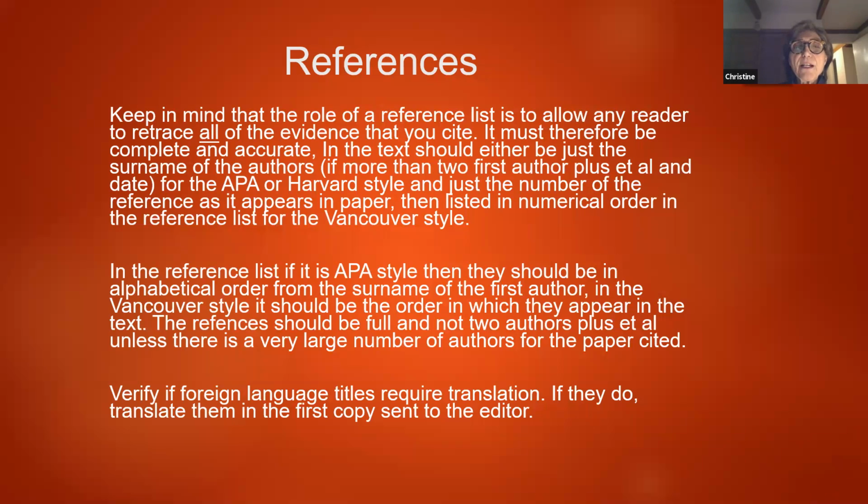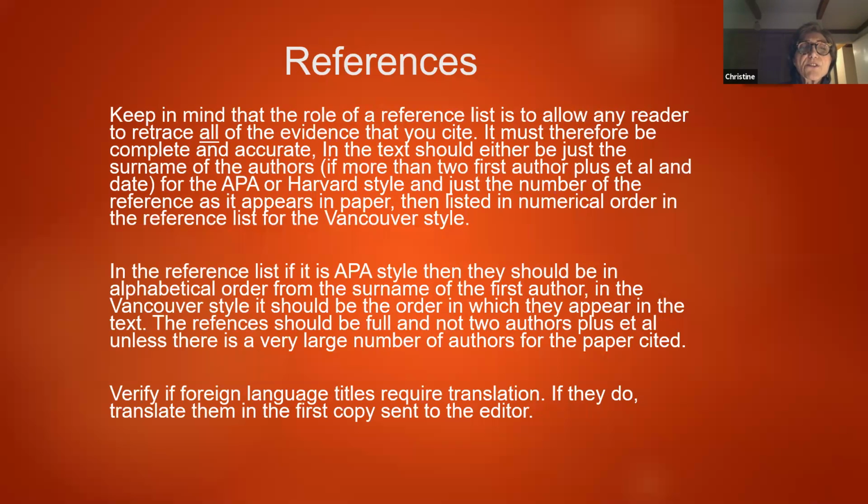But I always go to that first as an author, and I look at the instructions for authors, and I look at samples of one or two of their journal issues, to see the style, the title, how things are presented, and the length of papers. It's very helpful to do that.